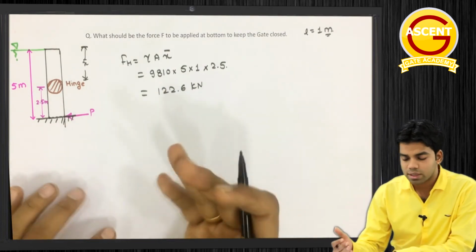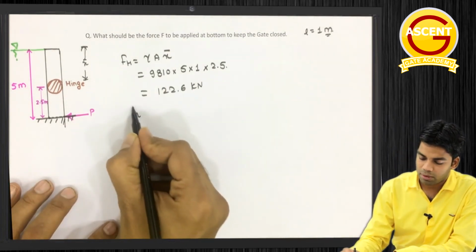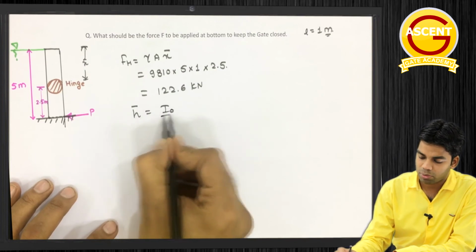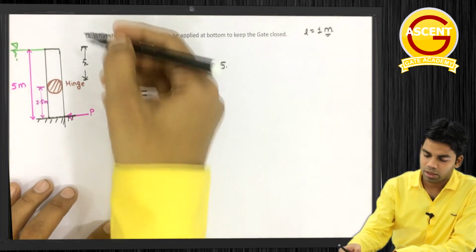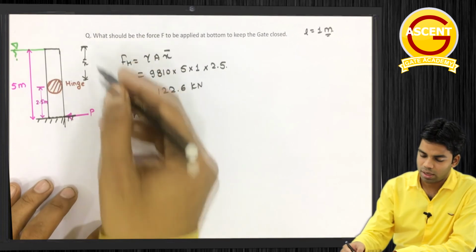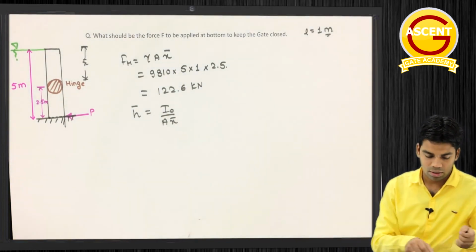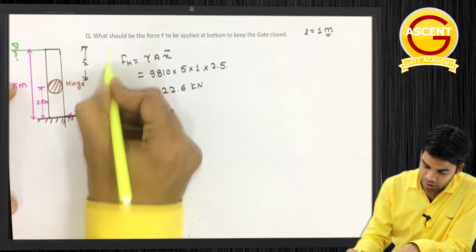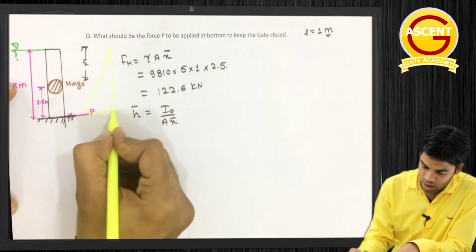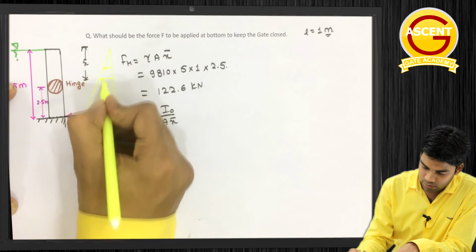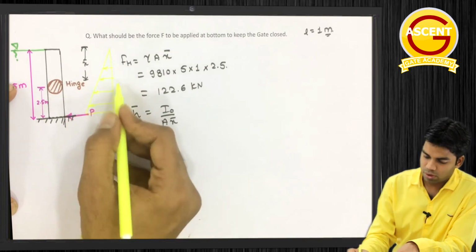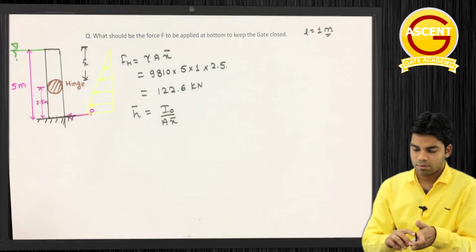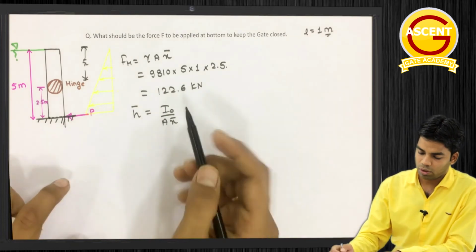Now where this force is acting, for that we have to determine h bar. So h bar, as I told you, is I naught upon A into x bar, or directly you can determine 2 by 3 of this length, 5 meter, because this is a rectangle, so the pressure distribution will be like this. So the 2/3 of this distance, or I naught by A into x bar.